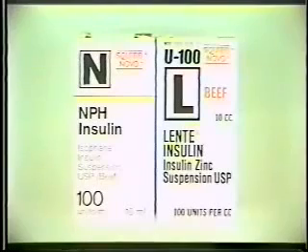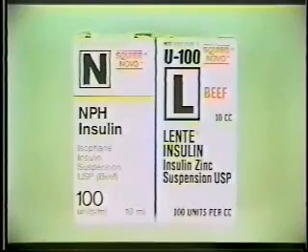The routine management of the outpatient diabetic entails the owner having to give insulin injections on a daily basis. The most commonly used insulins will vary from practitioner to practitioner. Here I show you NPH and Lente, which are classified as intermediate-acting insulins.